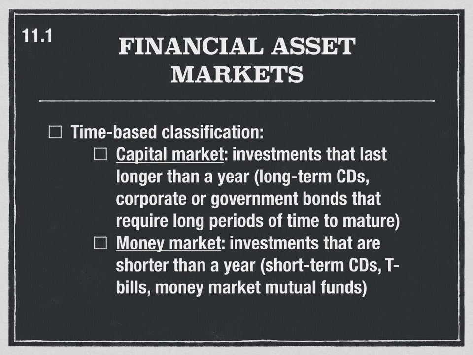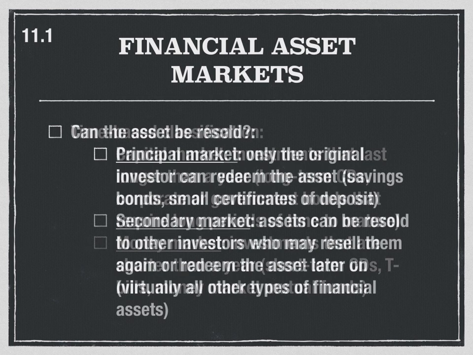Long-term CDs like 24, 60-month CDs, those things are capital market investments. Money market investments are shorter than a year. They're closer to being like cash. They're short-term CDs, T-bills or money market mutual funds, which are typically short-term investments.